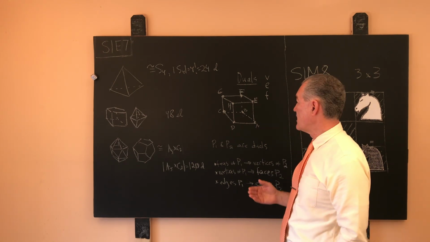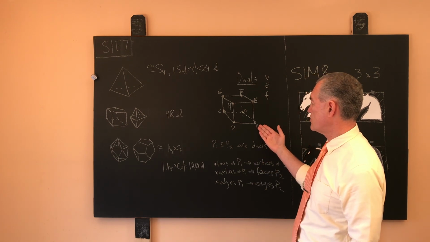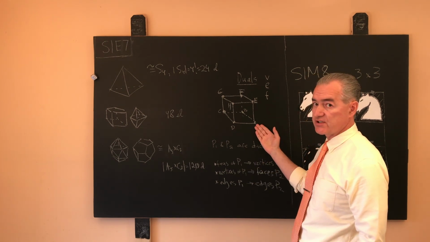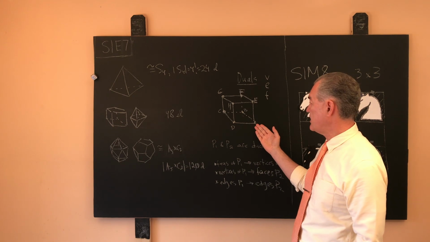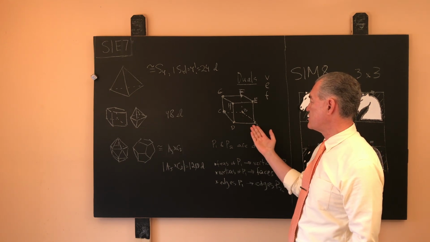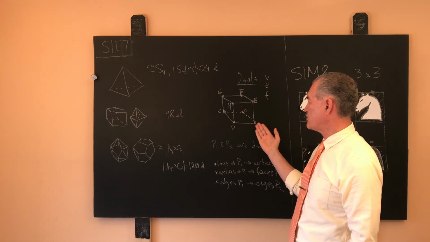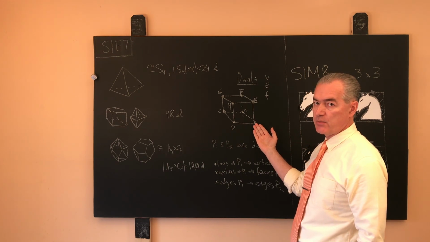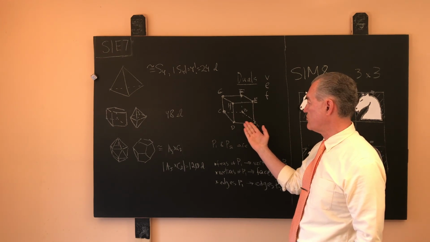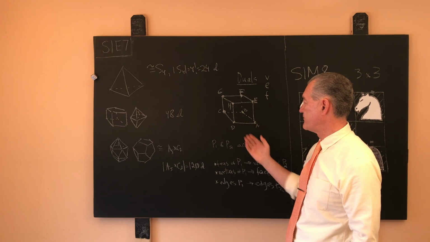For example, the vertex A of this cube is incident with the edge AD, because precisely the vertex A participates in the formation of the edge DA.